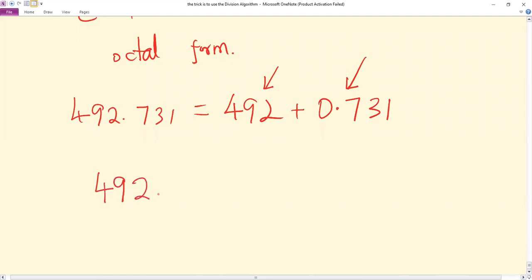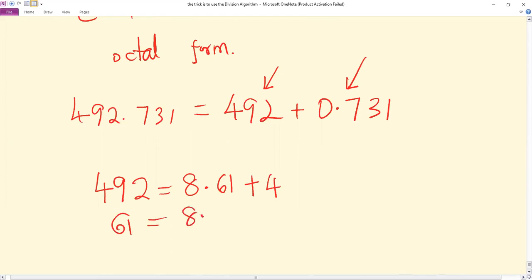using the division algorithm will be: 8 divides 492 61 times, then the remainder is 4, and then bring 61.